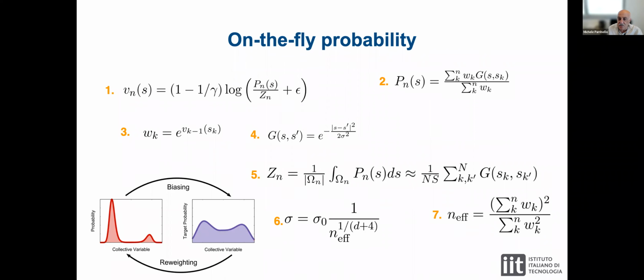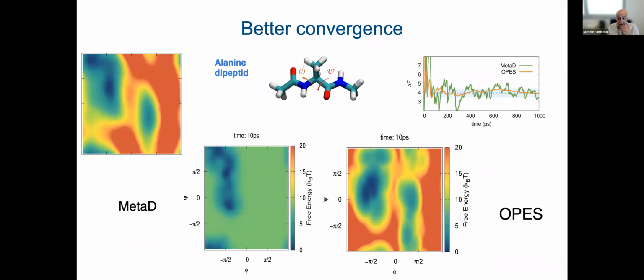And so we move to some demonstration. That's the famous example. When you do this enhanced sampling, this is a small molecule, alanine dipeptide. I forgot an E at the end.